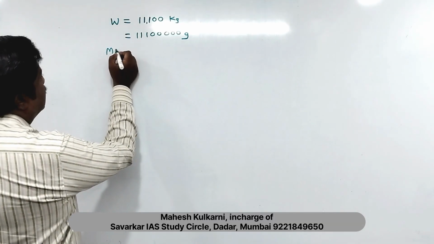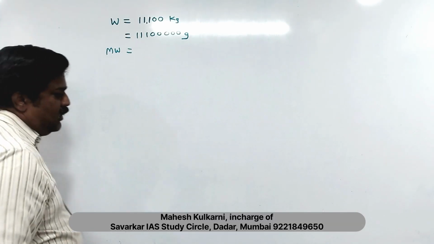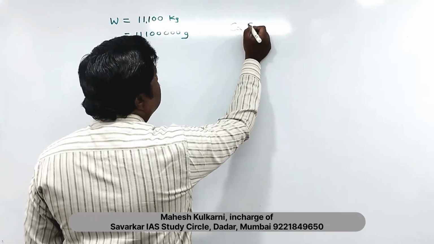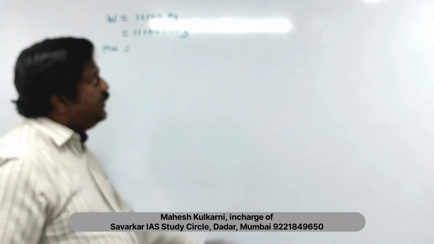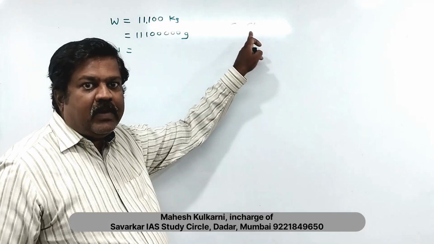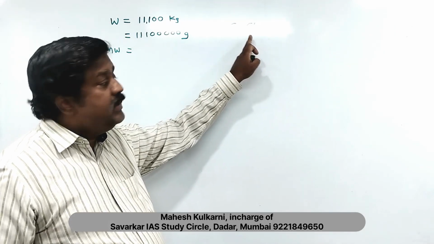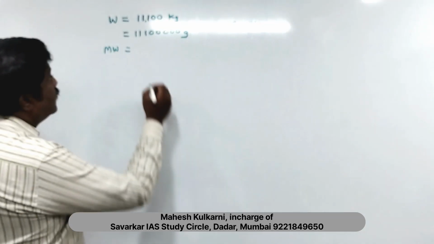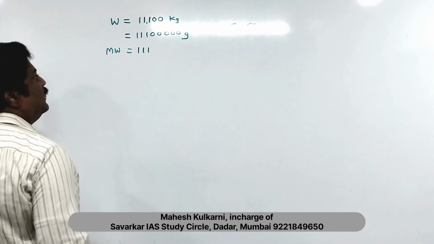Now next figure, MW. You are aware, calcium chloride. Should I write the formula? CaCl2. You are aware it is 35.5. 35.5 twice is 71. 71 plus 40, 111. So molecular weight is 111.